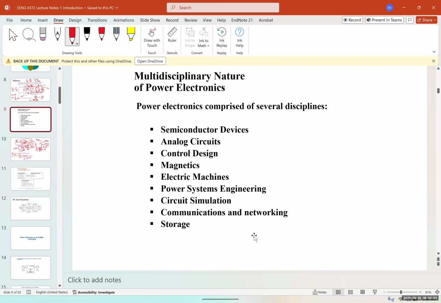The BLDC motors, the brushless DC motors that drive a lot of these EVs and drones, are controlled with a DC to DC converter or a PWM. 20 years ago, we didn't have that technology. So the emergence of drones is mainly because of power electronics.